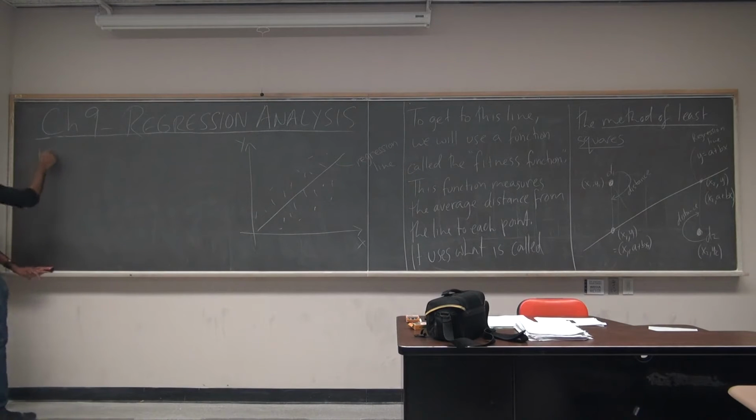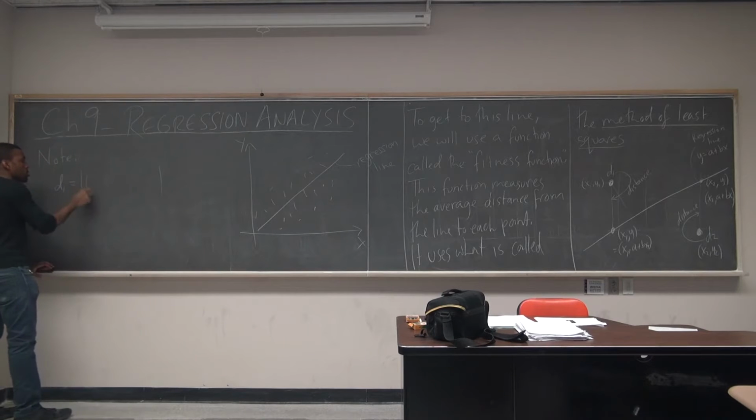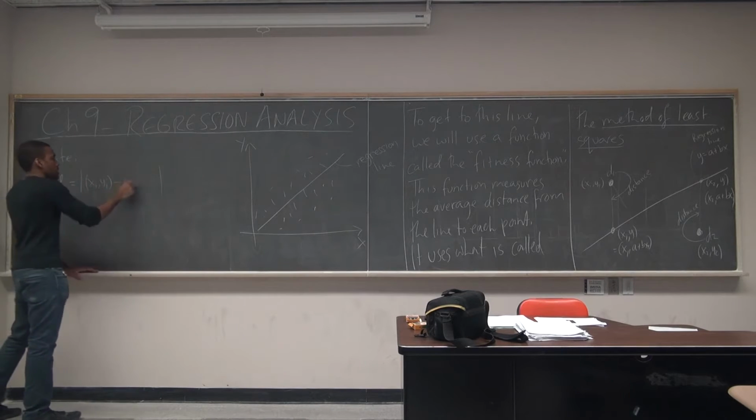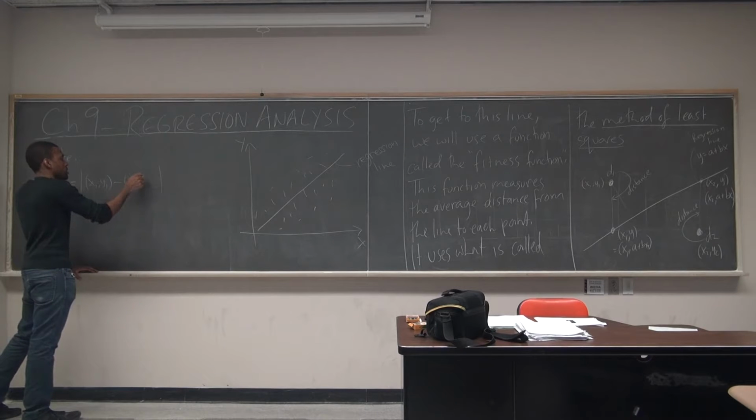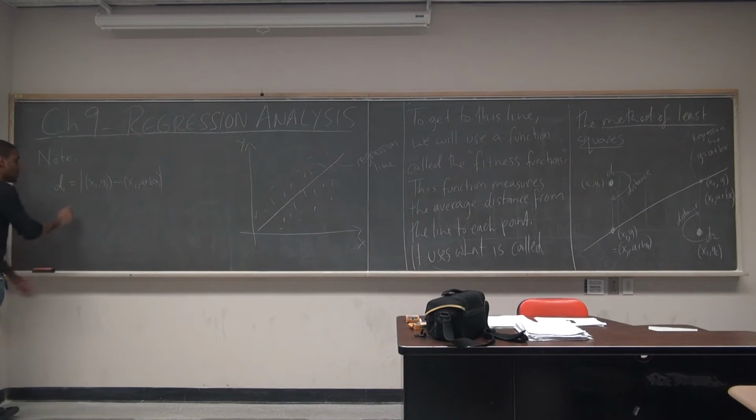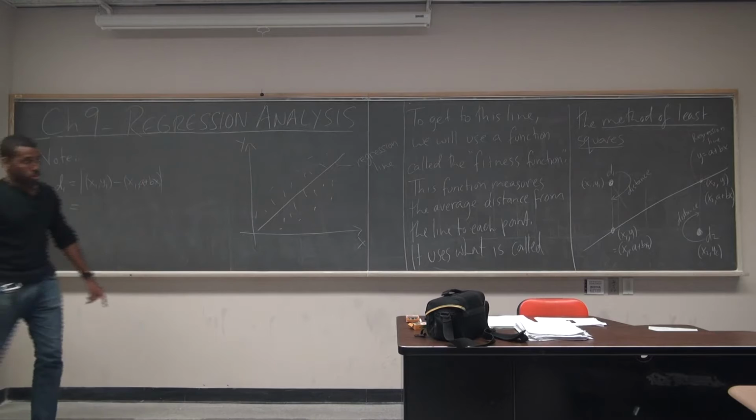So my D1 is going to be the absolute value of the point x1, y1 minus the point x1 comma a plus b x1, which really is just the difference in the y values, if you look at it that way.